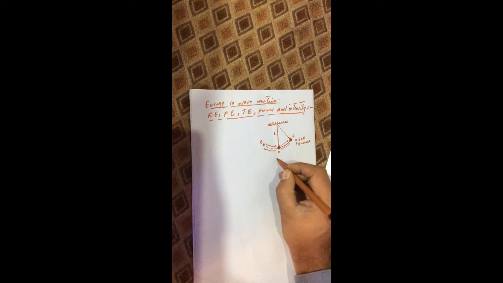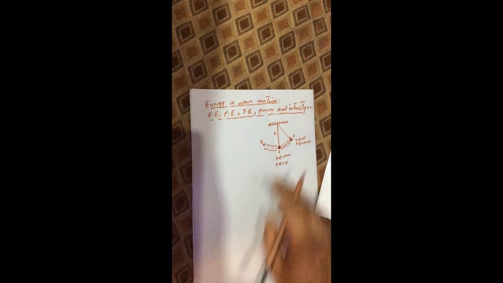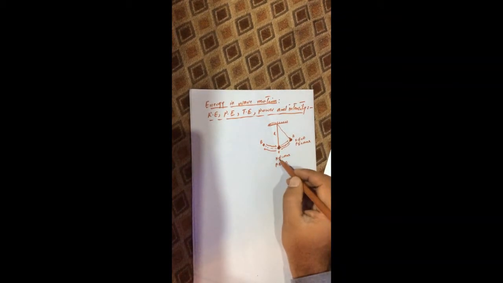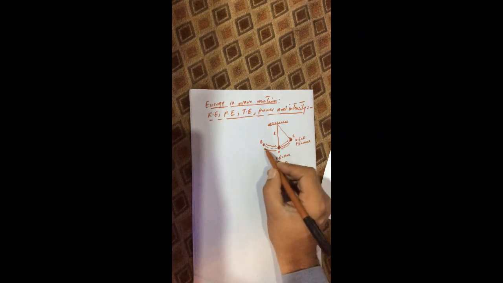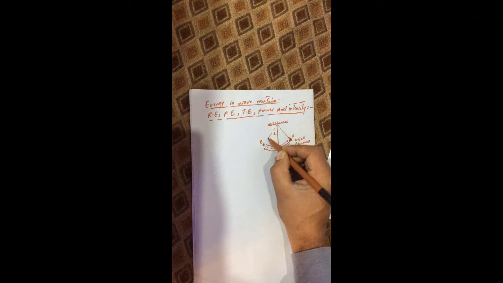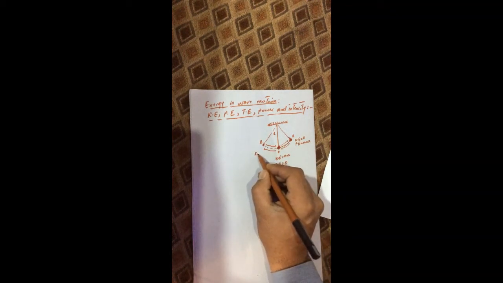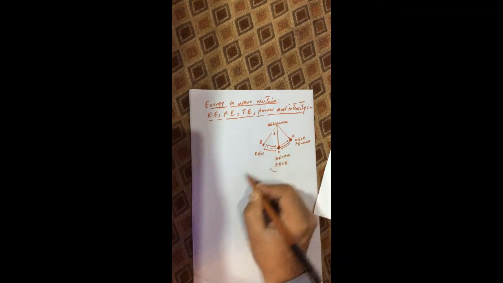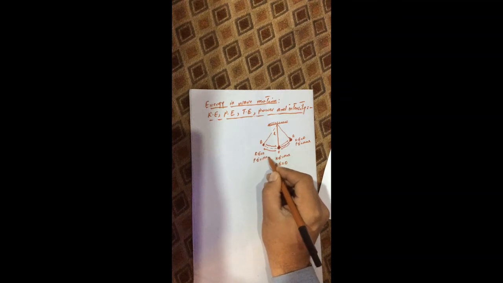At point O, kinetic energy becomes maximum and potential energy becomes 0. As it moves from point O to point B, kinetic energy decreases and potential energy increases. Once this mass reaches point B, kinetic energy is again 0 and potential energy is maximum.